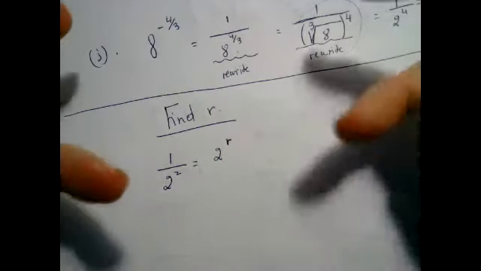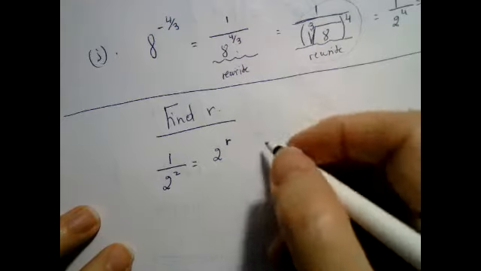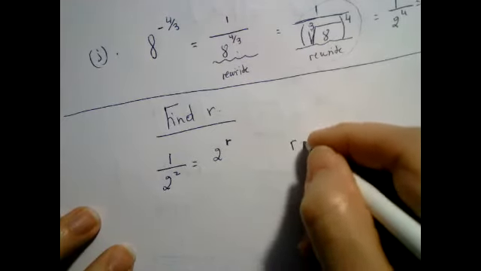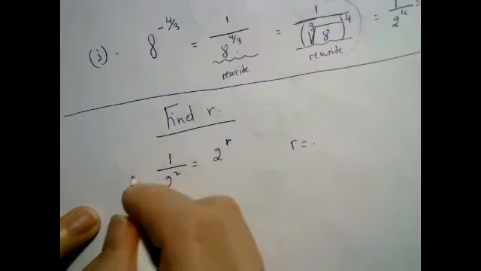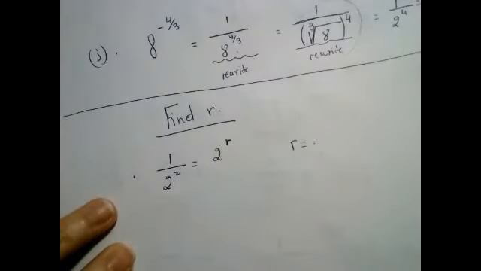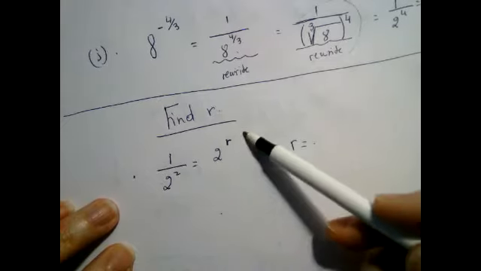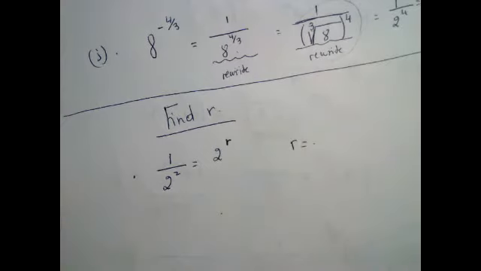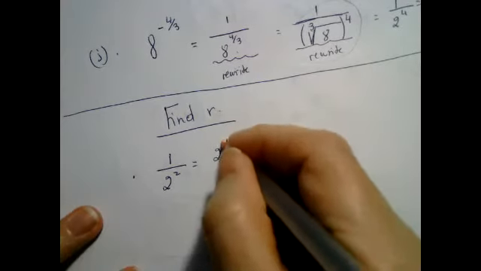I'm going to reverse the process. What is R? So if I write 1 over 2 squared as 2 to the R, what should be this exponent right here?